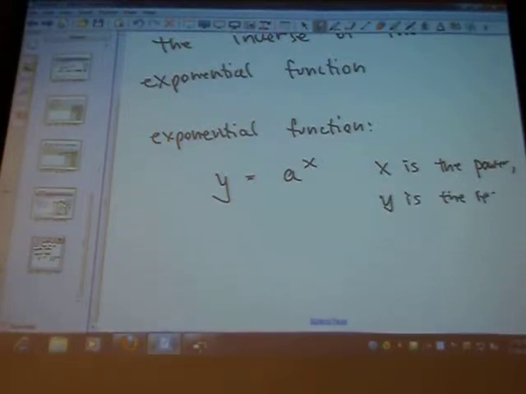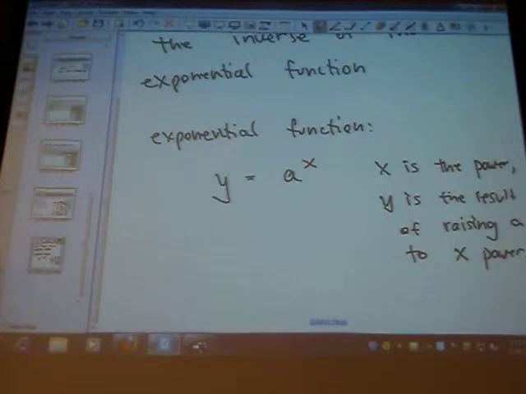Y is the result of raising a to the x power. Is this in like Assignment 13? Yes. Okay, so y is the result of raising a to the x power. So they give you a power, you raise the number to that power, you get the result. That's your y value.